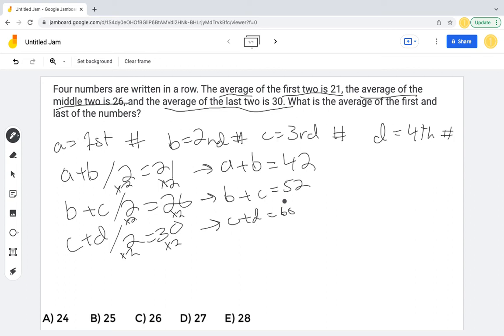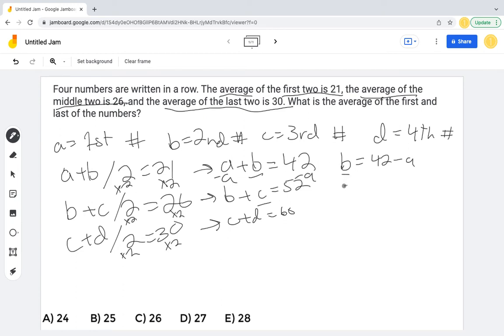Now we should work on substituting the B and C with A and D. To do that, we'll just simply write equivalents. For example, B is equal to 42 minus A, because you can subtract A from both sides.